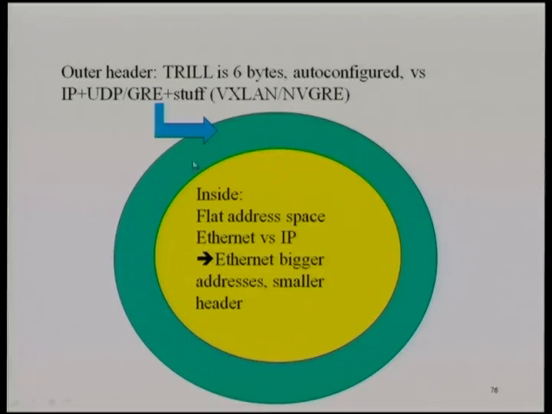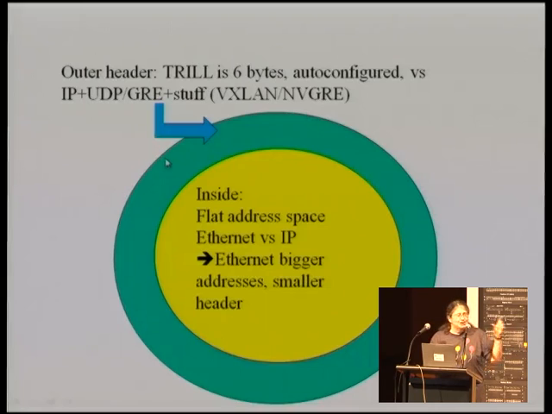The outer header in Trill is 6 bytes with this nice auto-configured 2-byte address of the switches, whereas with these other things, it's an IP header plus a UDP header or a GRE header and other stuff. So it's really big, and a forwarding table based on 4-byte addresses is not as easy to construct.